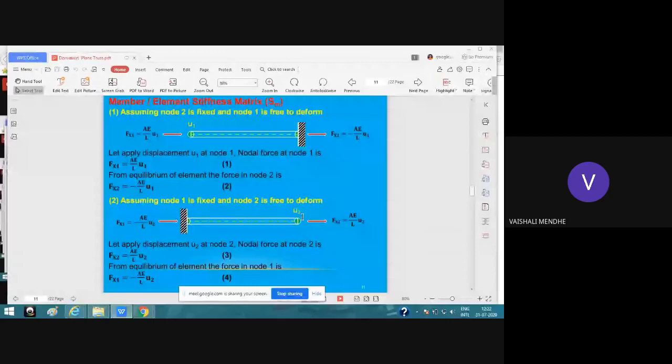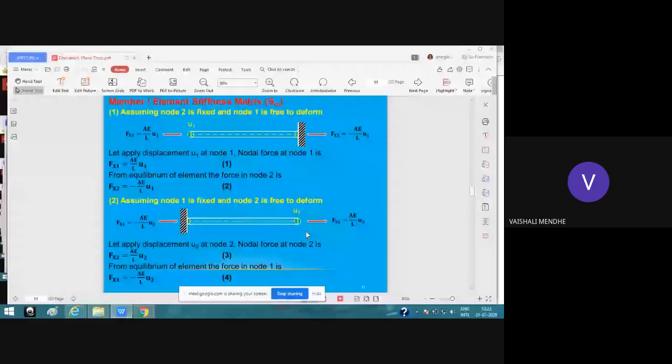Then second, assuming node 1 is fixed, you can see in this figure, node 1 is fixed and node 2 is free to deform. So there will be a displacement at node 2 along the x direction. If you allow node 2 displacement, the nodal force at node 2 will be Fx2.